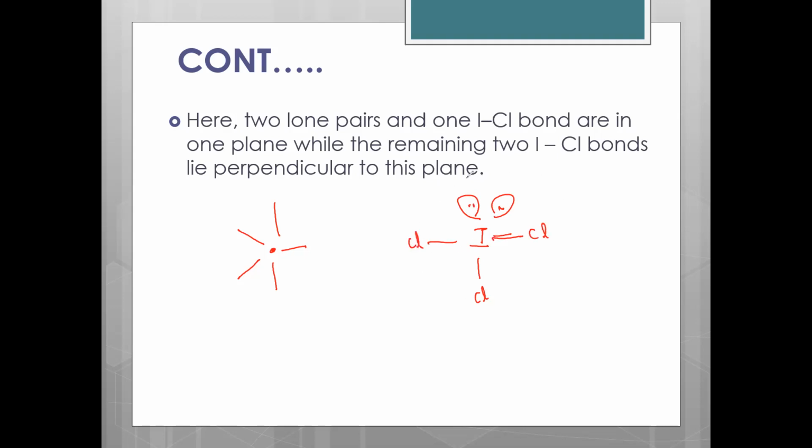This is the shape of ICl3. The trigonal planar has one I-Cl bond along with the two lone pairs, and the other two I-Cl bonds are perpendicular to this plane. So this is ICl3.